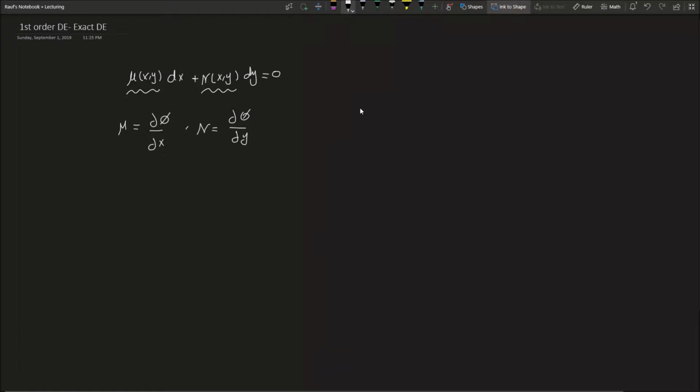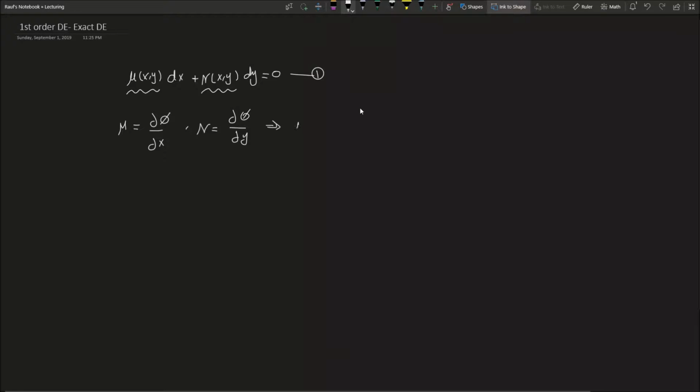Now, in order for equation number 1 to be exact, mu as a function of y should equal nu as a function of x.